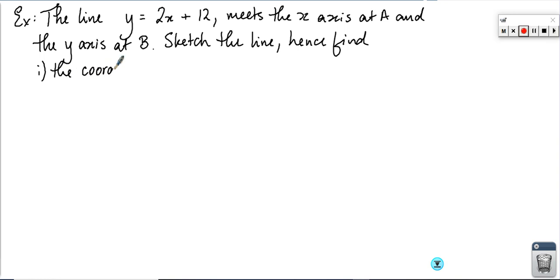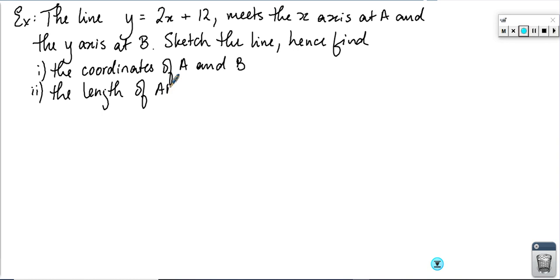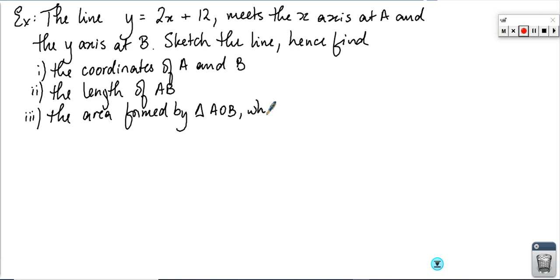The coordinates of A and B. 2. The length of AB. And 3. The area formed by triangle AOB, where O is the origin, the coordinate 0, 0.